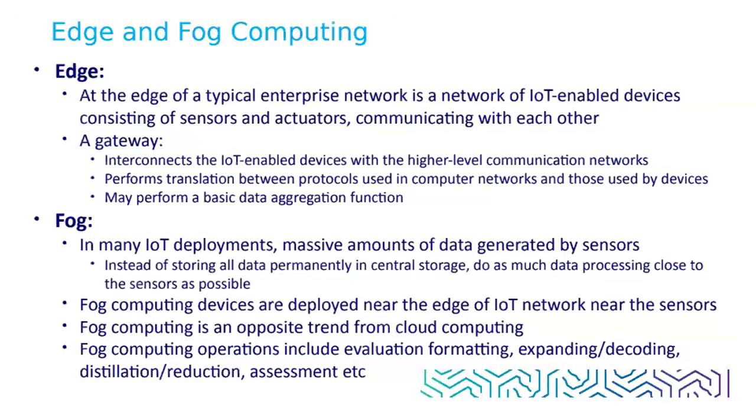If every sensor continuously sends all the data directly to the cloud, the network will become overloaded. So to solve that problem, some processing is performed closer to the IoT device.